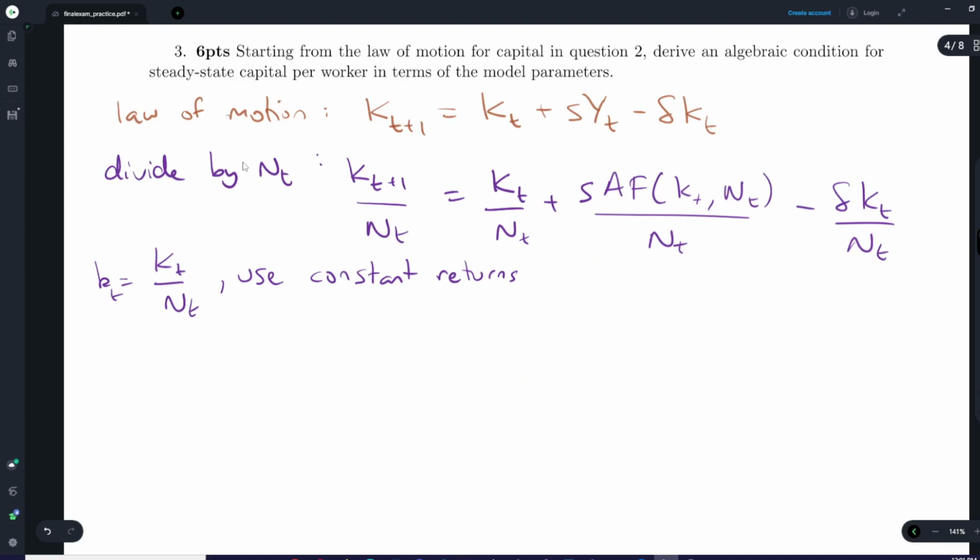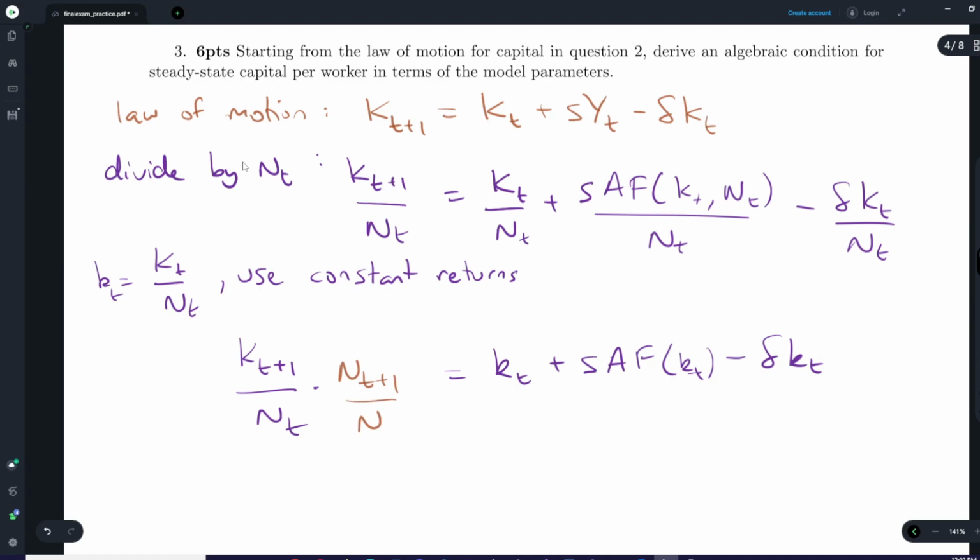And then I have K_{t+1} over N_t, I'm going to leave a little bit of space there, is equal to k_t plus sAF(k_t). That's my constant returns. I get to sneak the N inside, minus delta k_t. But now I have a units problem on the left-hand side, so I'm going to multiply by N_{t+1} over N_{t+1}, and this gives me k_{t+1}.